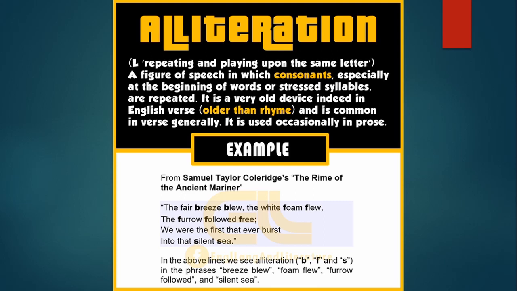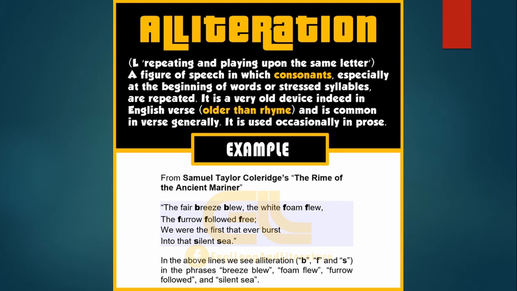In consonance we repeat the consonant sound within the words, but in alliteration we use the same consonant sound at the beginning of the words. Let us see an example here. I'm going directly to the example because the definition is very simple. The repetition of consonant sound at the beginning of each word is called alliteration.